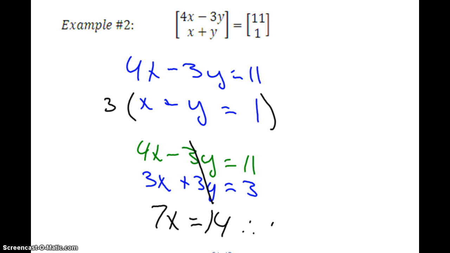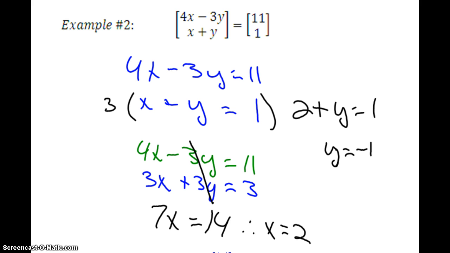Therefore, x equals 2. If x equals 2, I plug that back in. I plug it right into that one. 2 plus y is equal to 1. If I subtract 2, y equals negative 1. So I have a solution again. x is equal to 2, and y equals negative 1.